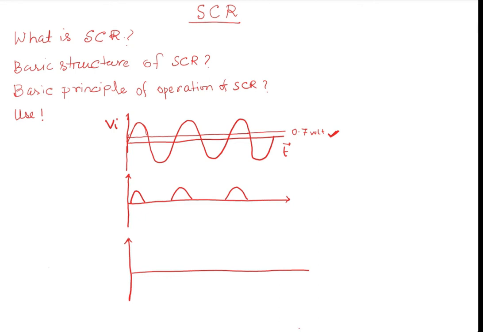So suppose we apply this gate positive pulse after this much interval, suppose this is alpha distance in time. So how will our rectification look like? It will look like this.